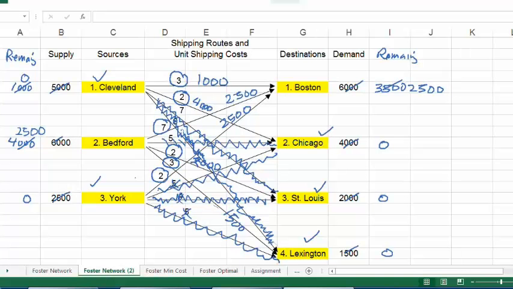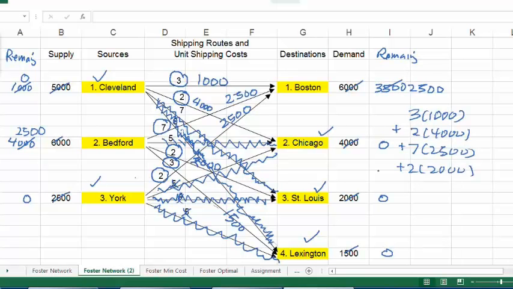And so let's see, the cost is going to be 3 times 1,000, and then 2 times 4,000, and then 7 times 2,500, and 2 times 2,000, and 3 times 1,500, and 2 times 2,500, something like that.